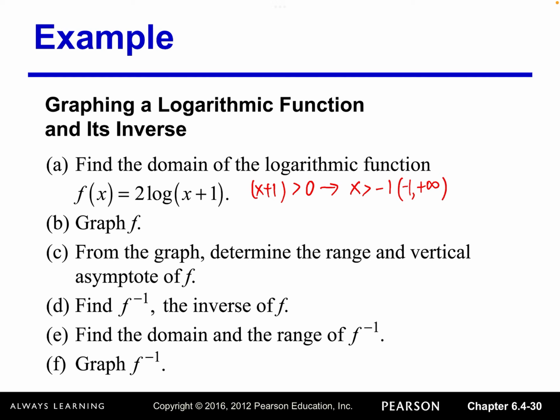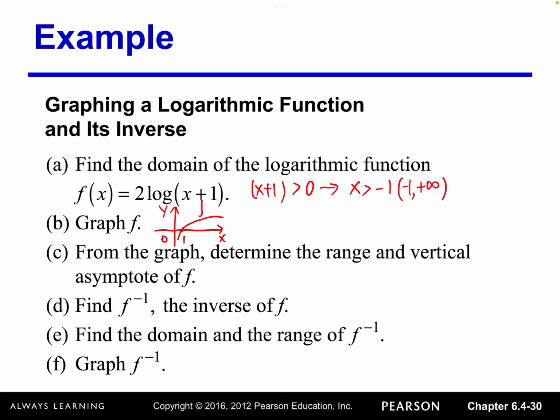And then to graph this function, we can use the transformation techniques. I just sketched the graph. This is the point (1, 0), and it's closer to the x-axis.